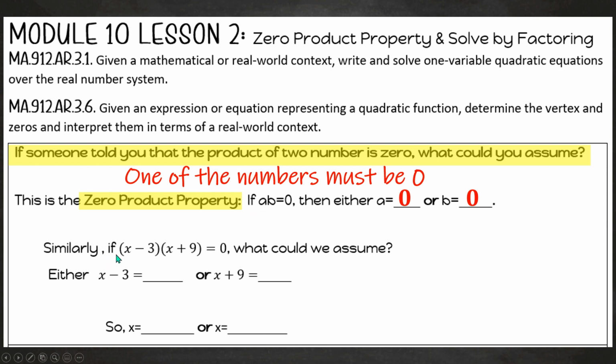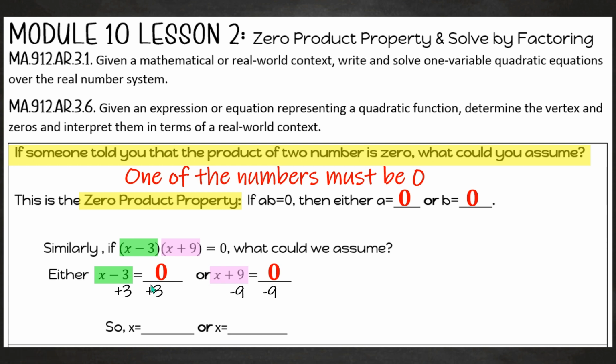So similarly, if we have x minus 3 as a factor and x plus 9 as another factor, and it's set equal to 0, we could assume that either x minus 3 is equal to 0, and if that's equal to 0, then what would x have to be? Or x plus 9 has to equal 0. In order to solve this, we move that constant to the other side of the equal sign by using our inverse operations.